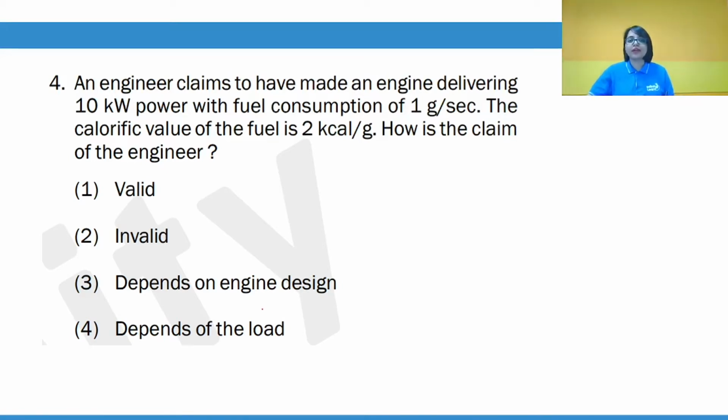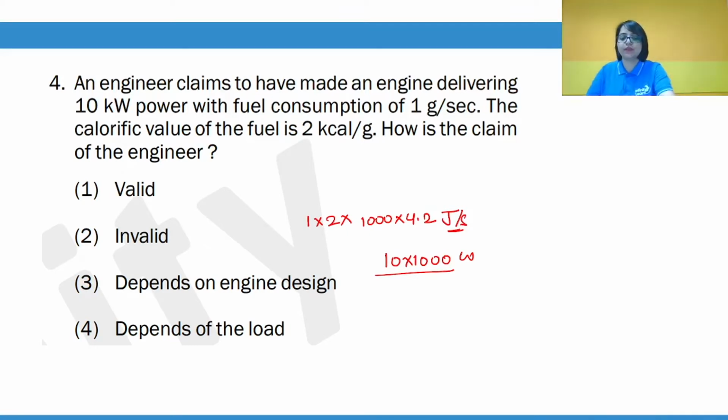So if you look at the input, it will be 1 into 2 into 1000 into 4.2 joule, and output will be 10 into 1000 watt, joule per second, right? So in this case you can see that output is greater than input, so this claim is invalid. I hope this is clear, right? Excellent.